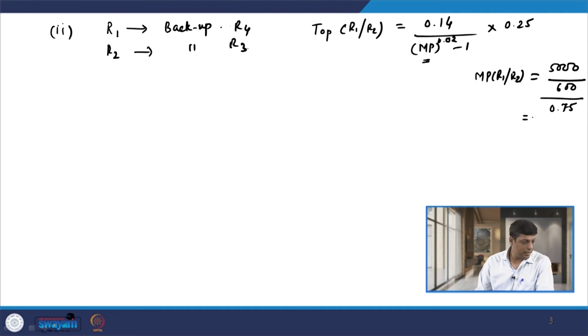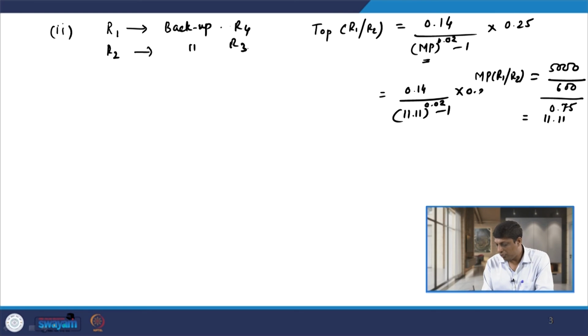This value comes out to be 11.11, as we have already calculated. So, if I put this value here, 0.14 by 11.11 raised to 0.02 minus 1 into 0.25, then this value comes out to be 0.709 second.